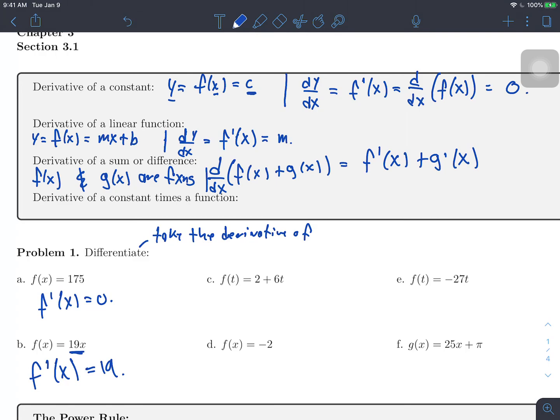So if we have two functions being added together and we take the derivative of their sum, it's just the sum of the derivatives.